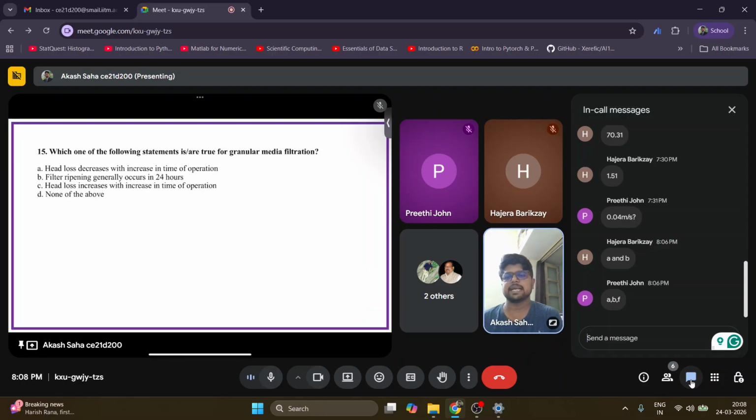Which of the following statements are or is true for granular media filtration? Head loss decreases with increase in time of operation. Filter ripening occurs in 24 hours. Head loss increases with increase in time of operation. None of the above.